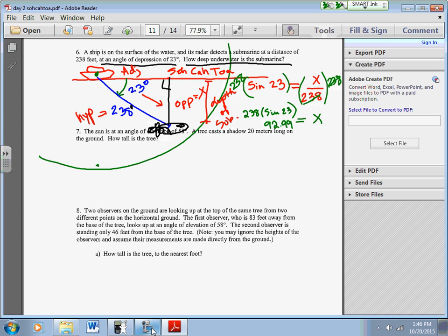Okay, all right. Everybody agree we got 92.99? All right. How deep underwater is the submarine? Would it be safe to say 93 feet? Yeah. 93 feet.